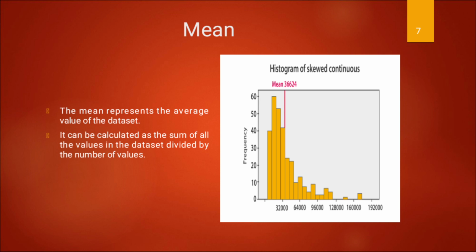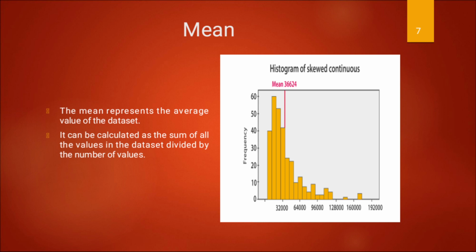Mean represents the average value of the data set. It can be calculated as the sum of all the values in the data set divided by the number of values.